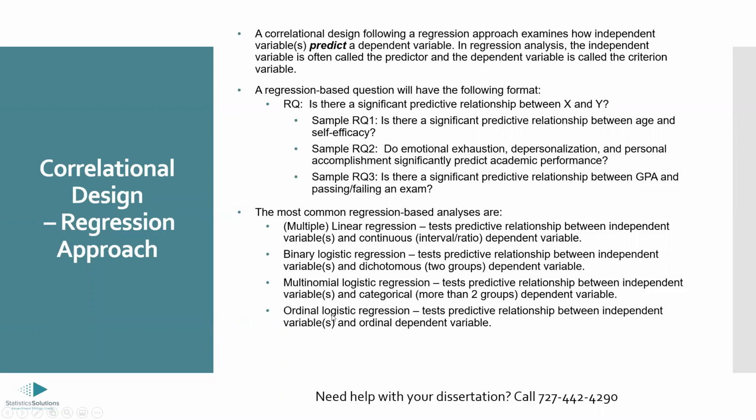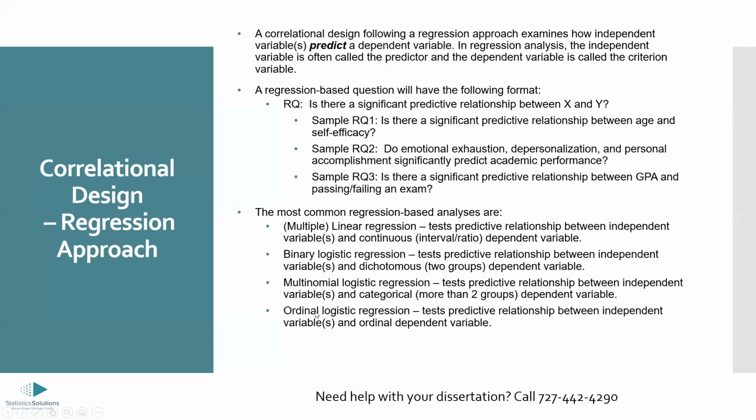An ordinal logistic regression is used when you have an ordinal dependent variable. So something like education, as I mentioned earlier, education is ordinal because it has a natural progression to it, but it's still categorical. It's not strictly numeric. High school, bachelor's, master's, PhD.